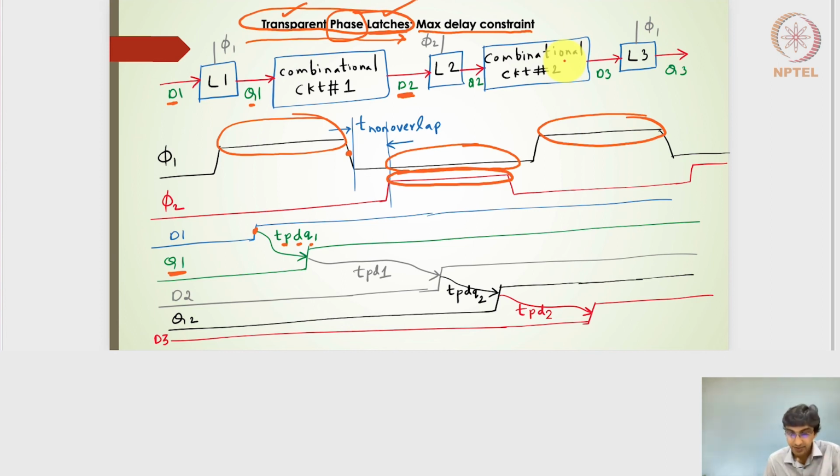Right, so in this case, the D2 signal comes after the propagation delay of the first combinatorial circuit. So that is the D2 signal. And after that, latch 2 is going to capture it. Remember that the D2 signal is arriving during this phi 2 level being high.